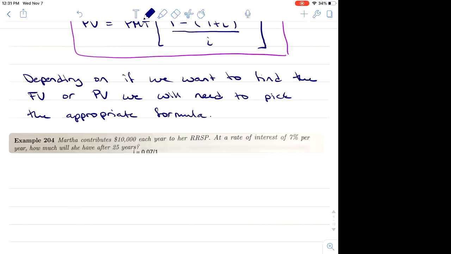Usually the bank sets it up, right? They just take the same amount every month. At a rate of interest of 7% per year, how much will she have after 25 years, right? So we're making payments per year. We don't actually want to be calculating every single future value for these $10,000 for 25 years. That sounds terrible, doesn't it?